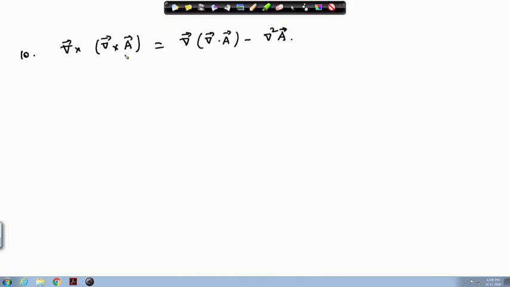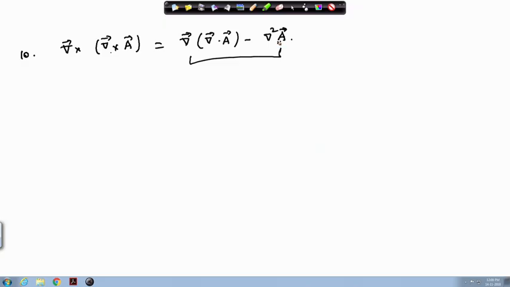First we calculate the left hand side, and then we calculate the right hand side, and we show that they are the same. So, let us see if it makes sense or not. We have curl of A, which results in a vector, and the right side also gives us a vector, because here we have a vector.